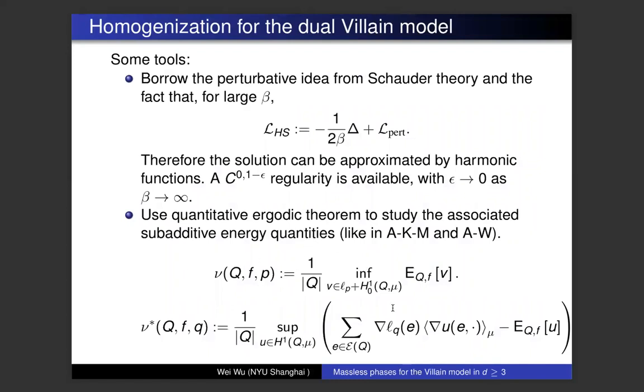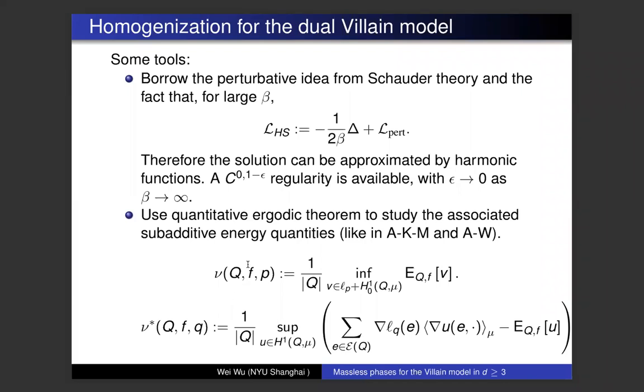I'm not going to explain exactly what they are, but they are some kind of energy functional, which is defined in each cube or each finite domain, for example. And we can show that they are approximately subadditive, which means these things do converge when you send the size of your domain to infinity.